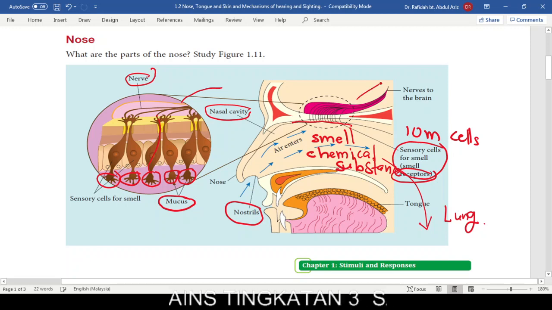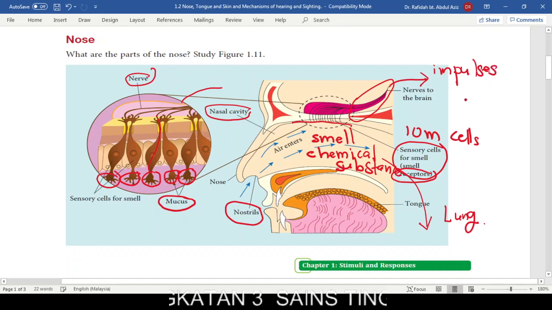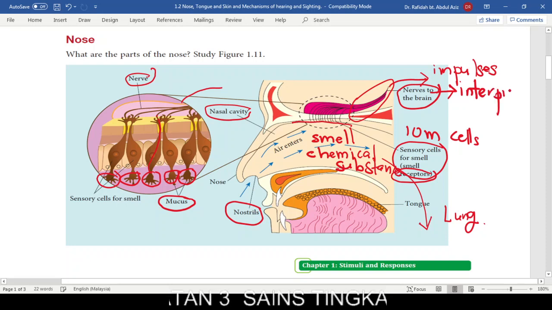This is the position of the nerve, and the nerve impulses will be sent to the brain, and the brain as usual will interpret the information in the impulses and tell us what type of smell we detected.